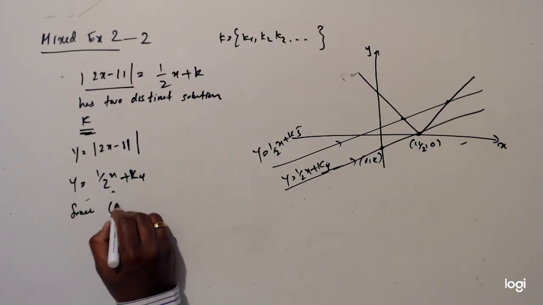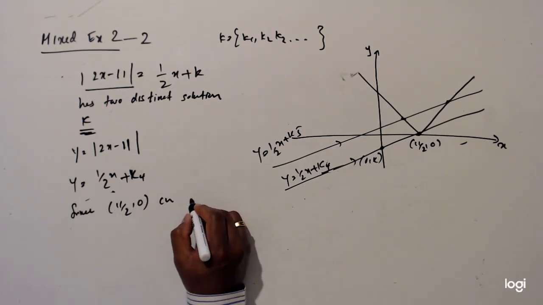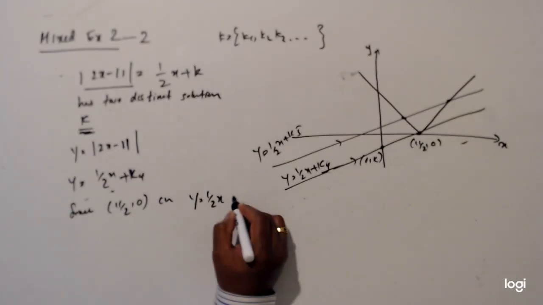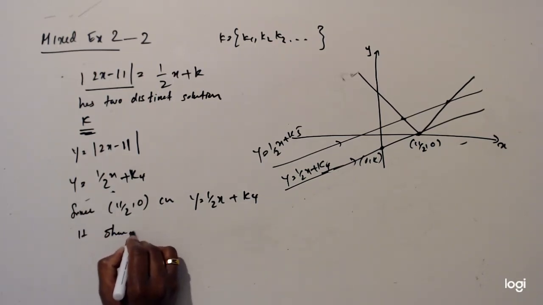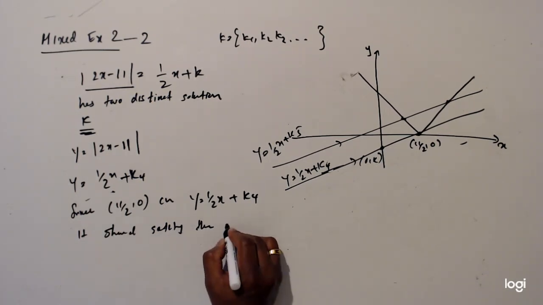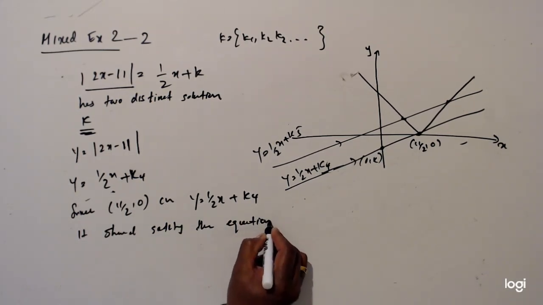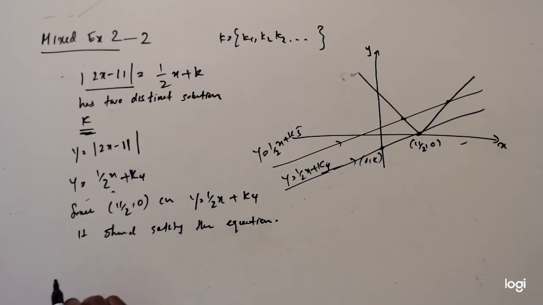Since (11/2, 0) is on y equals half of x plus k/4, it should satisfy the equation. So I can substitute 11/2 and 0 here.